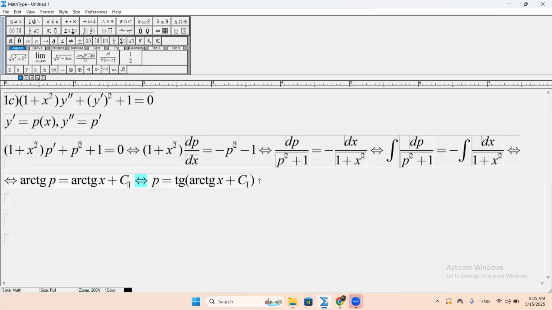So y prime will be equal to this expression. So we found the first integral, and now we need to find the second integral. So y will be equal to the integral of this expression.